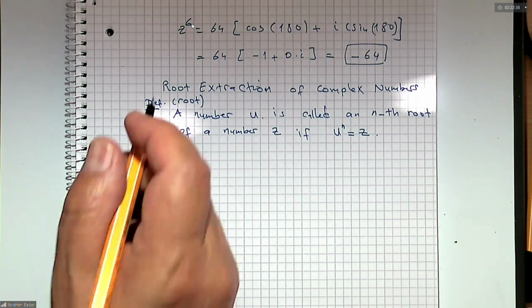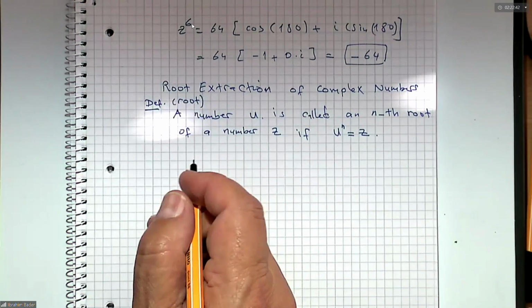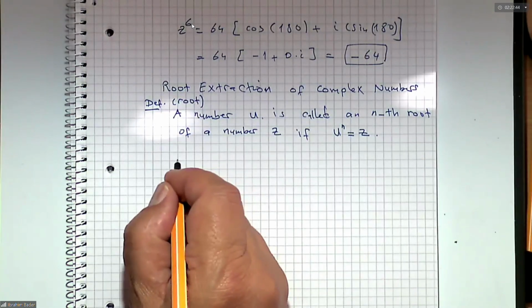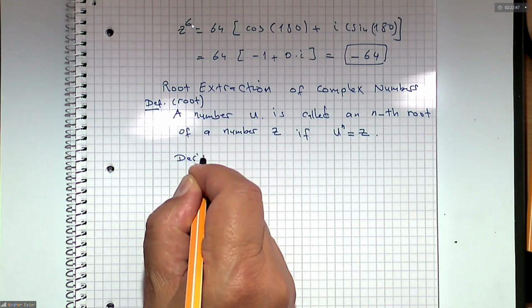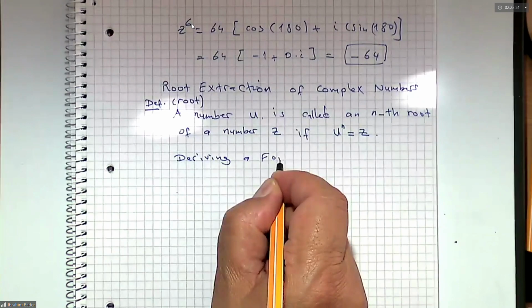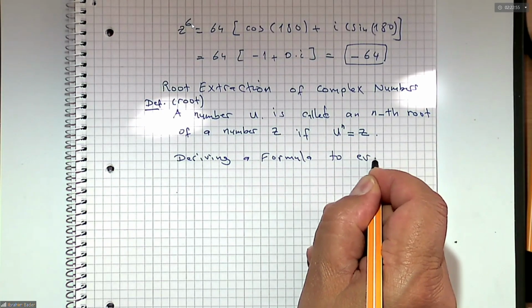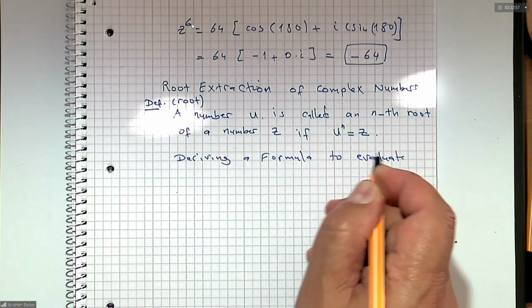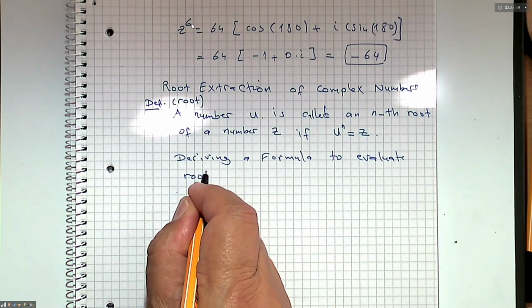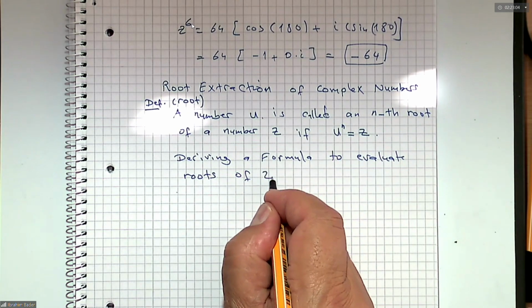Now we want to derive, using de Moivre's rule, a formula to evaluate roots of a complex number, let's say z.